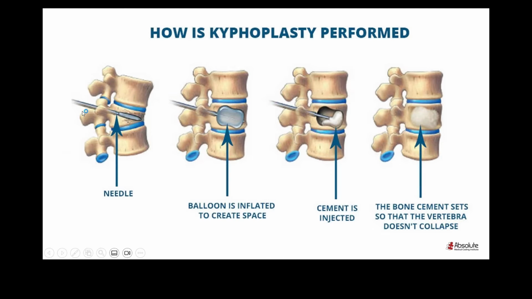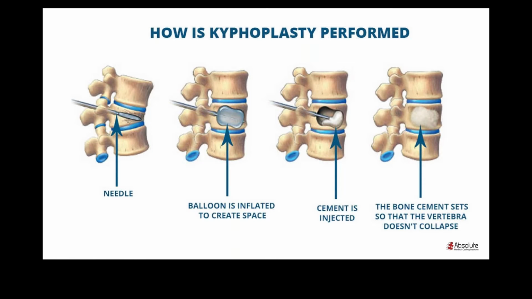This is another image that will help to understand how the procedure is performed during this kyphoplasty procedure. You can see in step one, a trocar or needle, I would say, is inserted into the vertebral body, and there is a balloon at the tip of this particular needle which is inflated and creates a space. This is a fractured vertebral body, and with the help of the balloon, a space has been created.